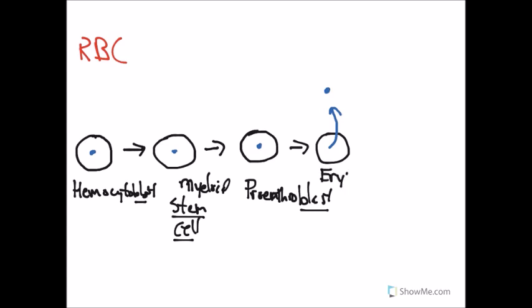At various stages of development of erythroblasts, it will eject the nucleus. It enucleates. And then another unique cell continues on, called a reticulocyte, and I'm going to write it up here.